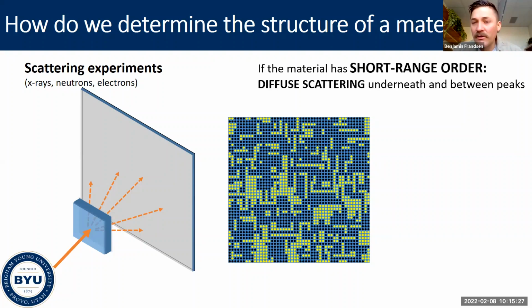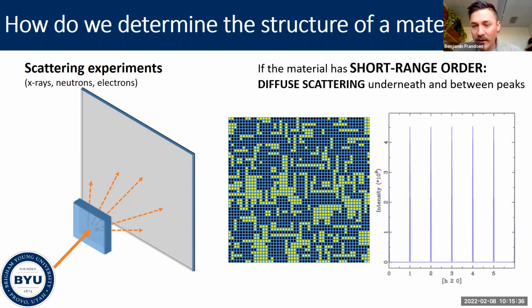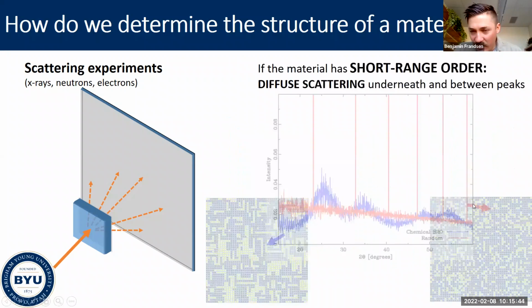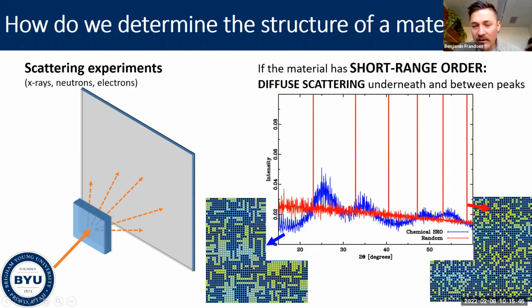That results in diffuse scattering. Long range order results in Bragg peaks. Short range order results in diffuse scattering, which shows up underneath and between the Bragg peaks. For example, if we calculate the scattering pattern from this alloy, if you're not looking carefully, you might just see Bragg peaks, but if you look carefully, you'll see that there's actually diffuse scattering underneath the Bragg peaks.